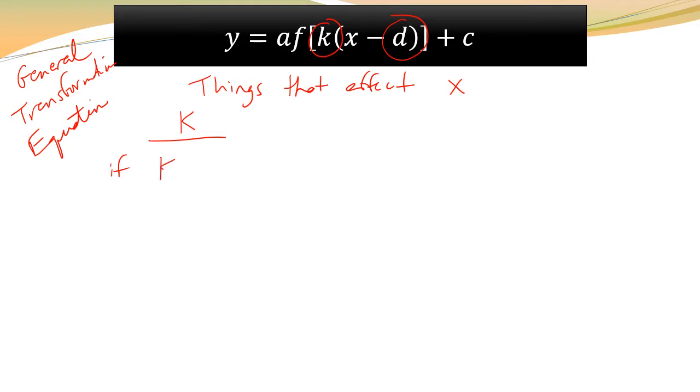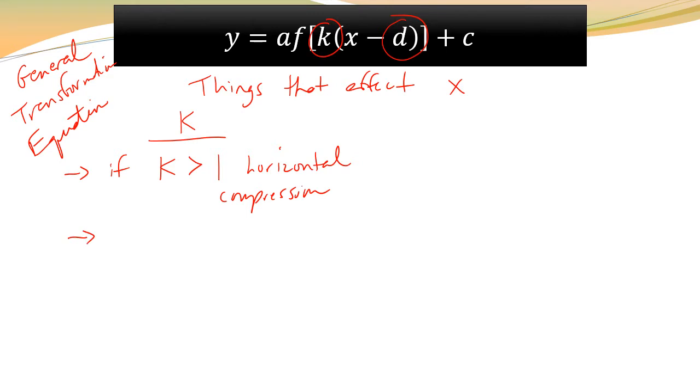If k is greater than 1, so if k is bigger than 1, it's going to be a horizontal compression. So k bigger than 1, horizontal compression.